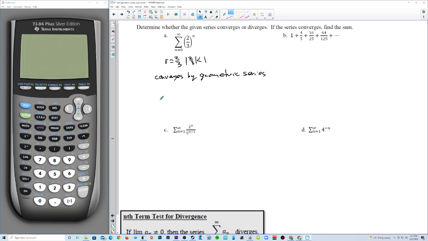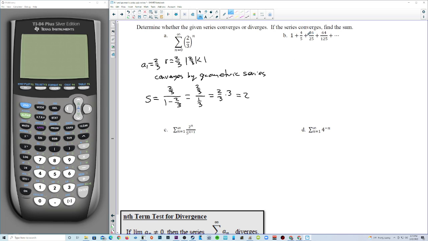And we're supposed to find the sum. Well, a sub 1 is equal to 2/3. So S, the sum, is 2/3 over 1 minus 2/3. That's 2/3 over 1/3. So that's 2/3 times 3. So this converges to 2.